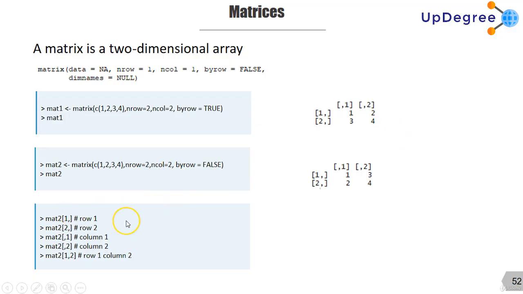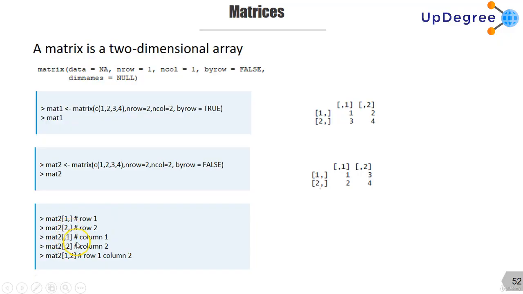Similarly, if you want to access any element of a matrix, suppose I have created this matrix mat2, which is nothing but this, and I want to access the first row, then you can say 1 comma. So this is row comma column. I am asking for the first row, then it would give me the first row, then the second row.